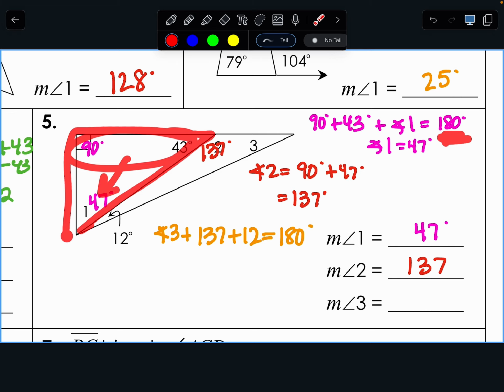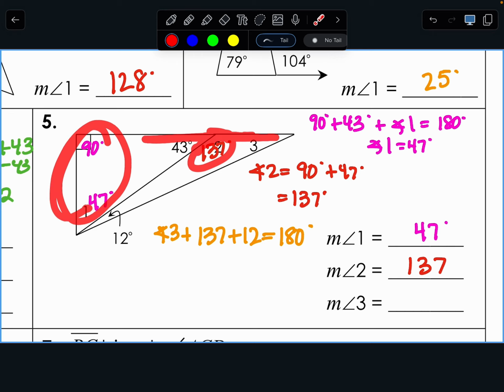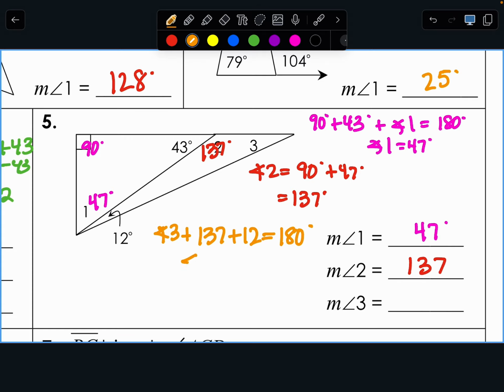This is inside the same triangle, right? And the second time we said this angle equals those 2 angles. This is an exterior angle. This angle outside the triangle equals the 2 that are furthest from it. And so now I have this triangle, and I have this angle, and they have to equal 180. So then I can get that angle 3 equals 31 degrees.